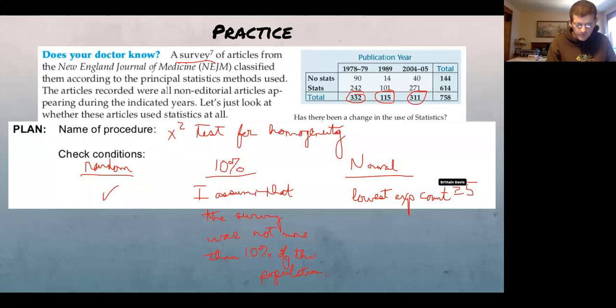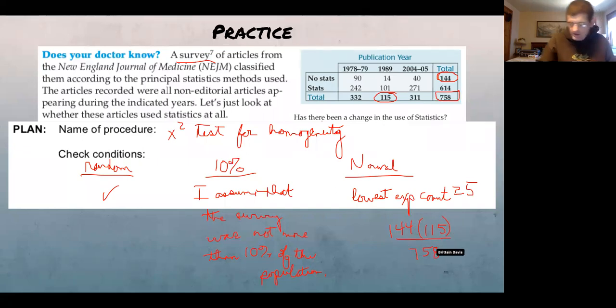So for checking conditions, I'm only going to worry about the lowest one. And this is where it's not too difficult to figure out. For my rows, it looks like my lowest count is going to be in this row because that's the lowest row total. For my columns, it should be here because that's my lowest column total. So my expected count for this is going to be 144 times 115 divided by the table total, which is 758.